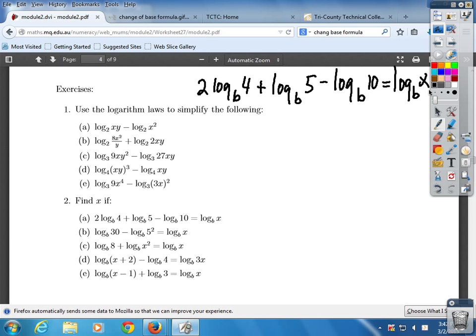Now what tells you that you can condense this is they're all log base what? So that tells you you can do something with this.